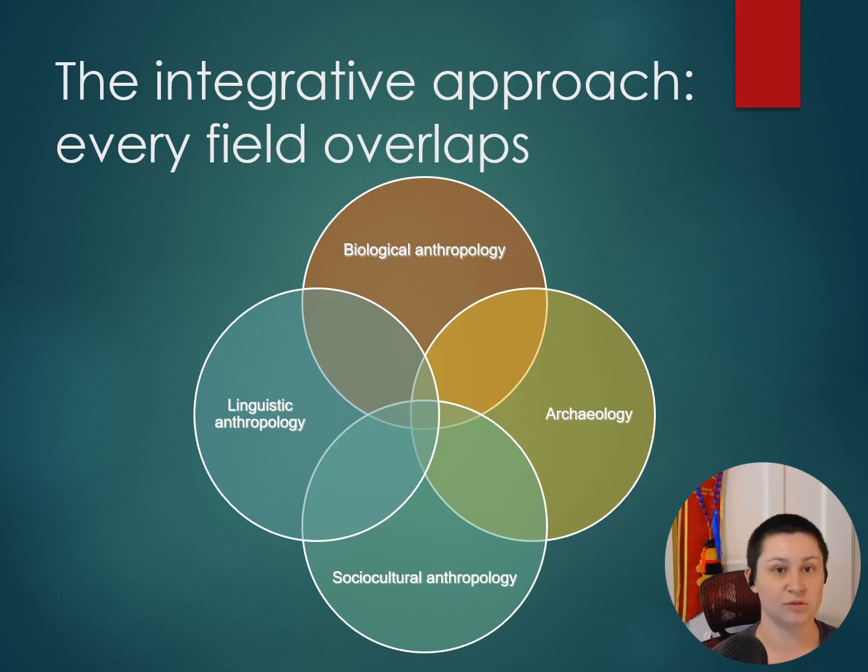I have to zoom out oftentimes and think about the humanity of what I'm doing, and also use archaeological techniques to recover individuals from scenes as well. So I integrate all of these fields, and anyone else you talk to who specializes in a different field will tell you the same thing and how they integrate other fields into what they do.